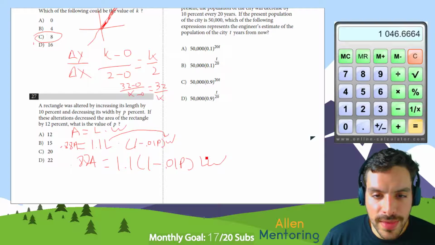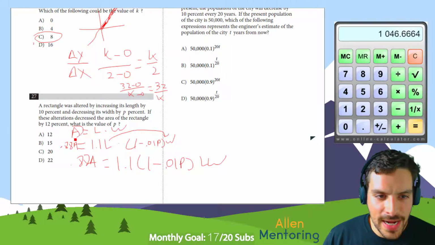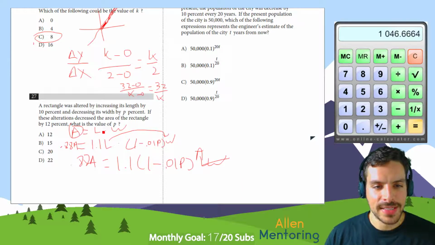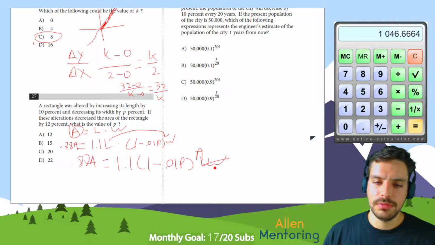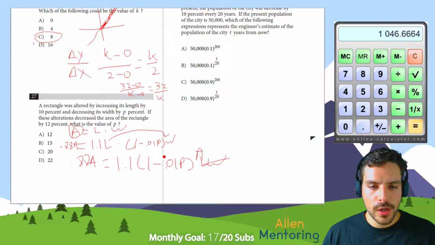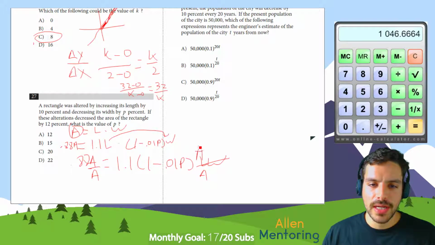We know that LW, length times width, is represented by A, right? So I could just replace LW with A. Do we see that? If A is equal to LW, I can change LW to be A. And so now we see we have 0.88a is equal to this whole mess times A. And so now we can divide A on both sides.